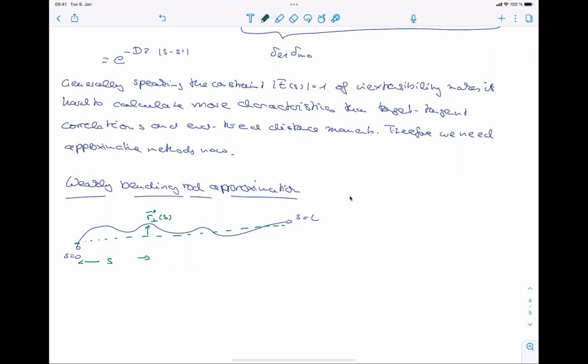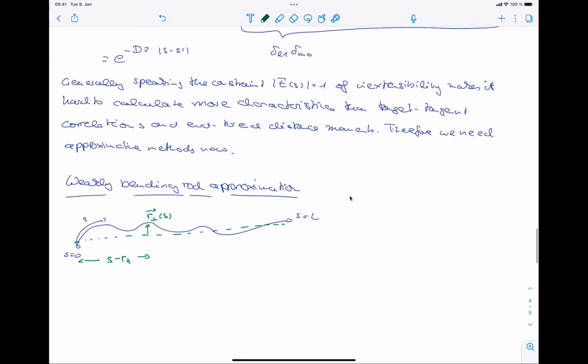more or less the arc length that is extending along here, right? This is my arc length, but this is not really my arc length. There is a small correction that I have to take into account, namely r parallel, which also depends on S, and that's the so-called stored length.